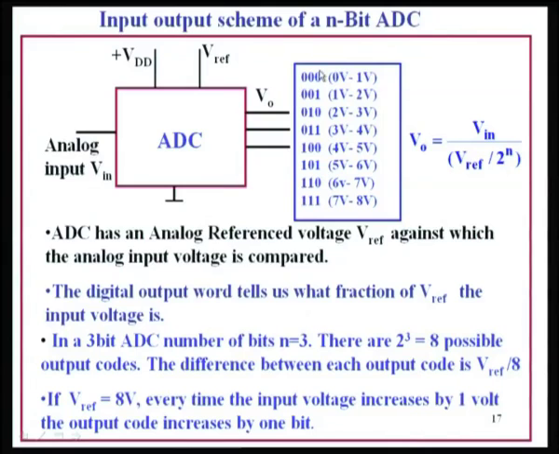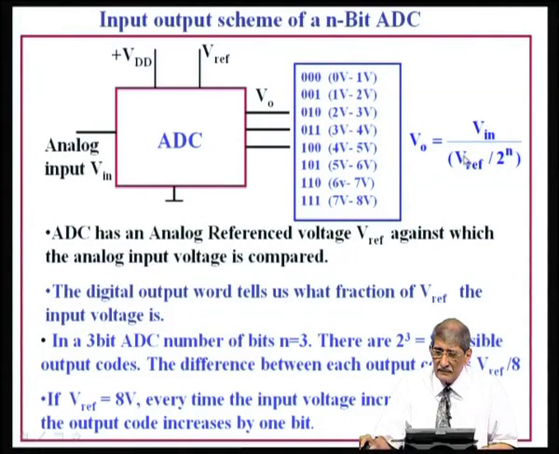The difference between 2 codes is equal to V reference divided by 8, which means if V reference is 8 volts, the difference between code 000 and 001 is 8 divided by 8, that is 1 volt. So, each time the code goes up by one number, that corresponds to an input voltage increase of 1 volt.